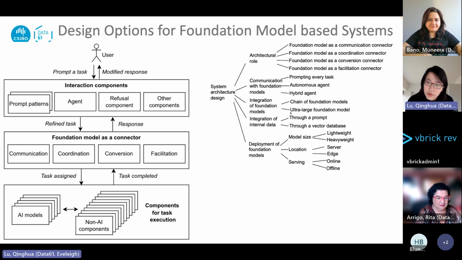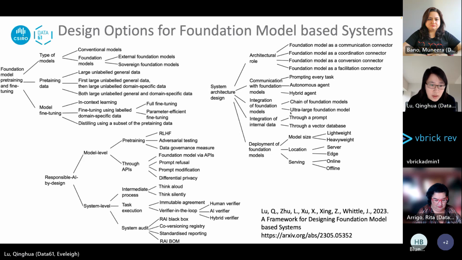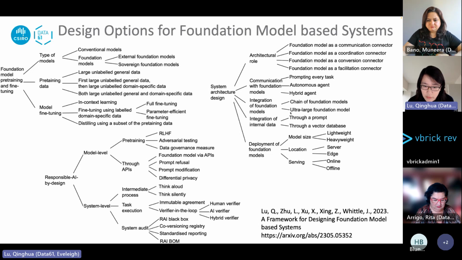There can also be some options for deployment of foundation models in terms of model size, location, and serving types. The last category is called responsible AI by design. We summarize model-level mechanisms and system-level mechanisms. For example, to check the outcome from the foundation model, you could have a verifier in the loop. It can be a human verifier or another AI assistant verifier.